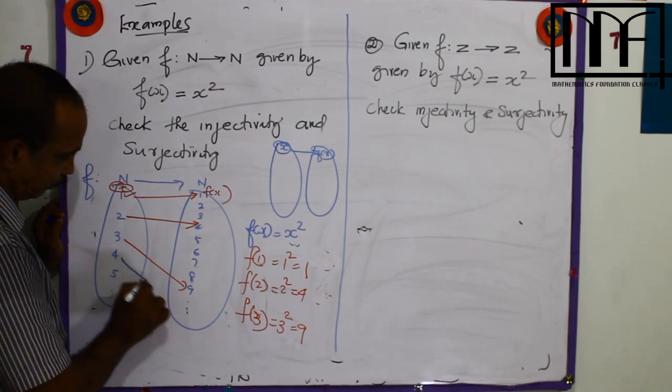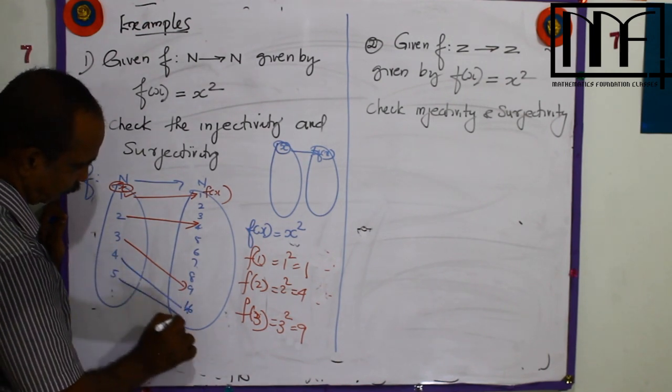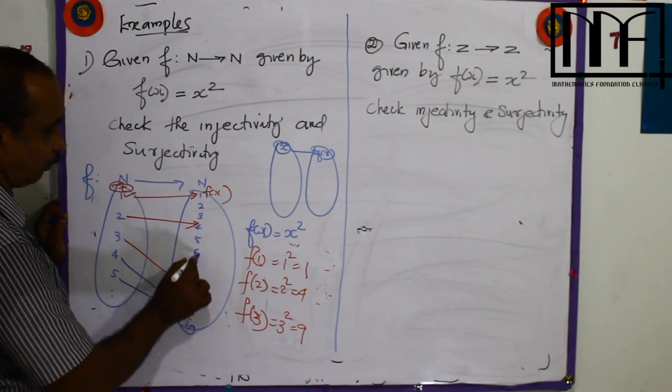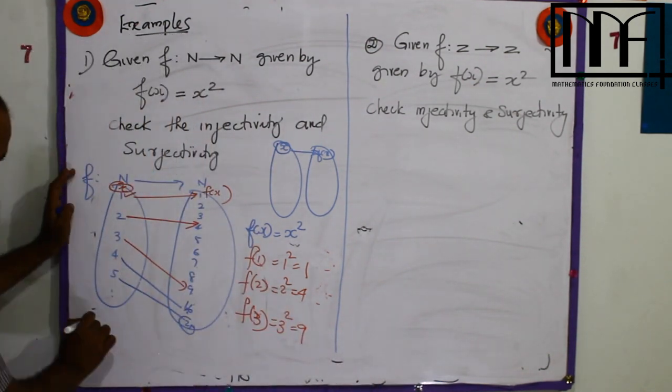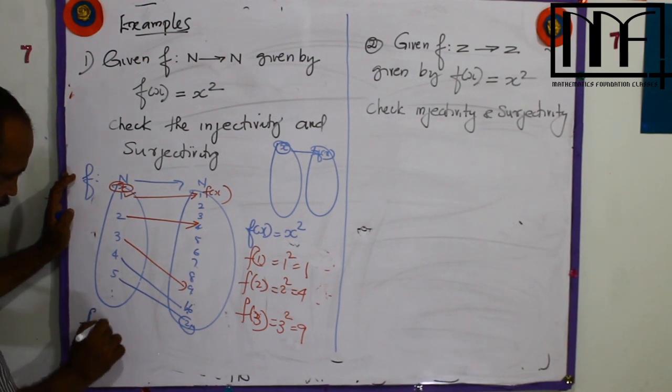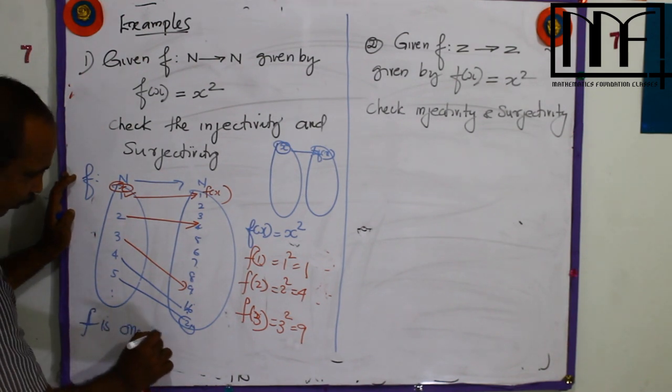For 4 the image will be 16, and for 5 the image will be 25, but there are some elements which are not images of any element. So f is one-one function.